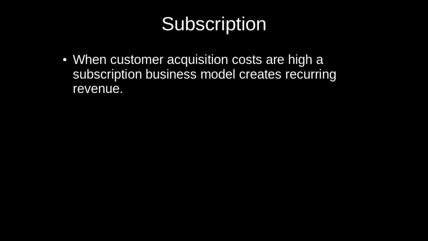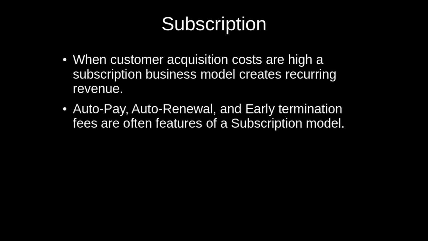There is a balancing act, as if your subscriptions are too frequent or too high, eventually people won't want to pay them anymore. So key features you can look for are auto pay, auto renewal, and early termination fees. So these all signal that you're working in a subscription model. There are other ways to tell, but generally, if you have an auto renewal, that's a dead giveaway.